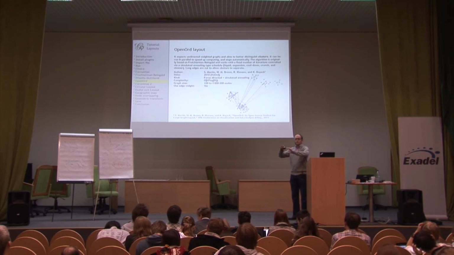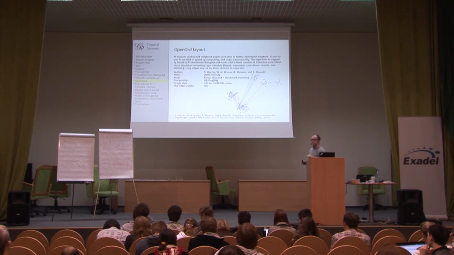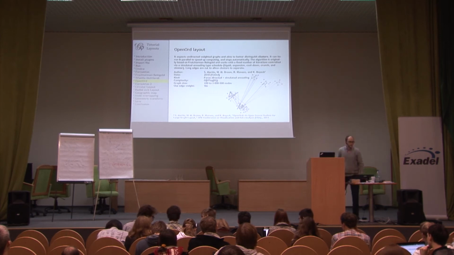So the communities will tend to get separated very easily, and after that, it will try to lay out again more nicely. This is a particular technique. I don't know much more about it. I've not coded it, so you can find the paper also very easily.